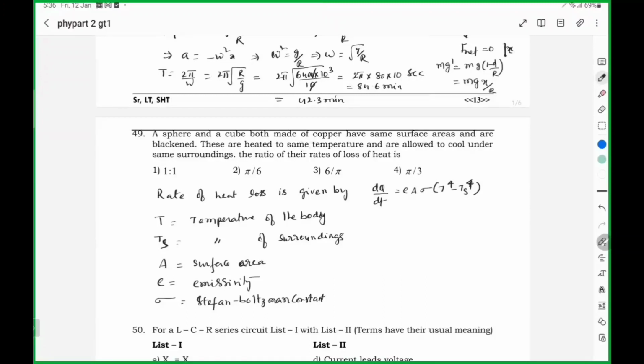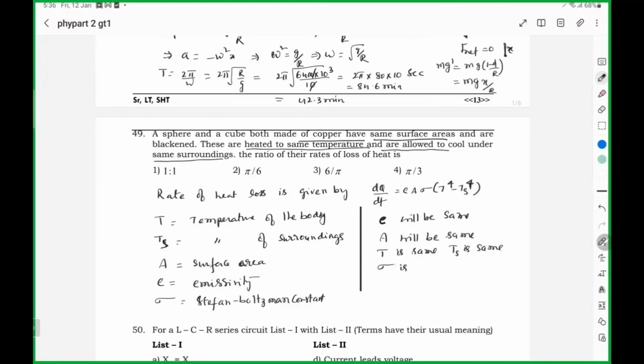In the given, both are made of copper, emissivity will be same. And same surface area, A will be same. They are heated to the same temperature, T is same, and are allowed to cool under same surroundings, Ts is same.